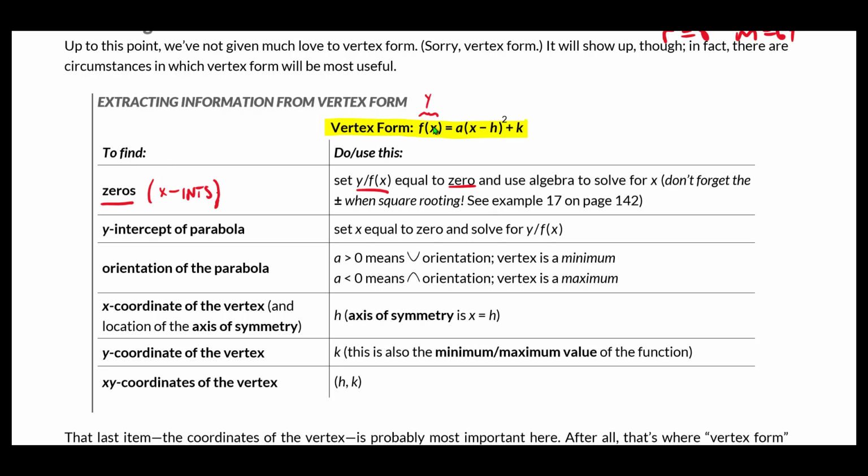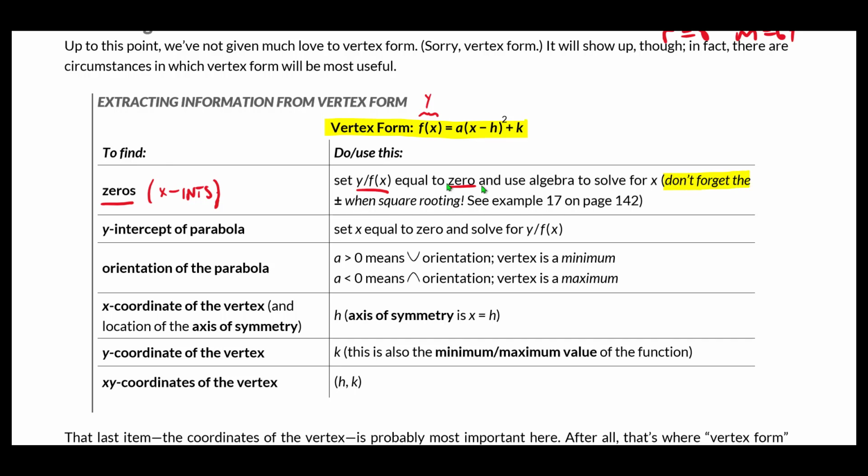We can just set y equal to 0, so we set this side of the equation equal to 0, and then we just use typical equation solving algebra to solve for the value or values of x, and that is a hugely important point here.